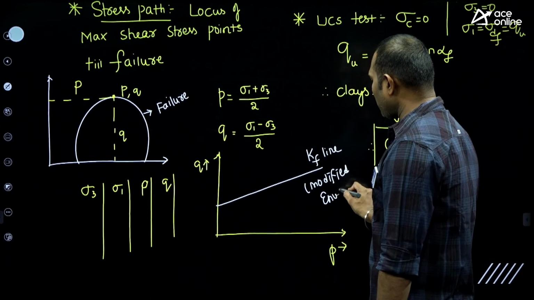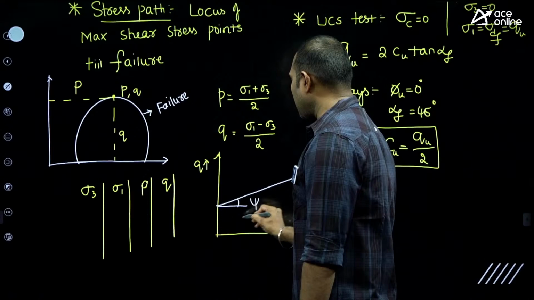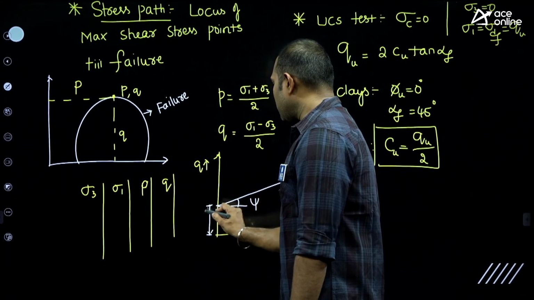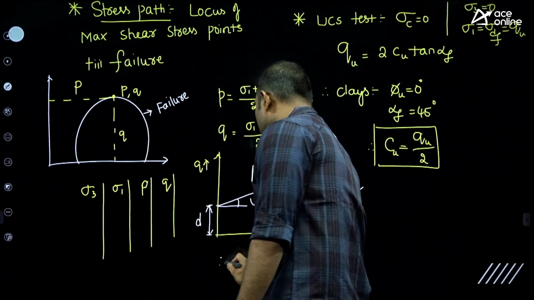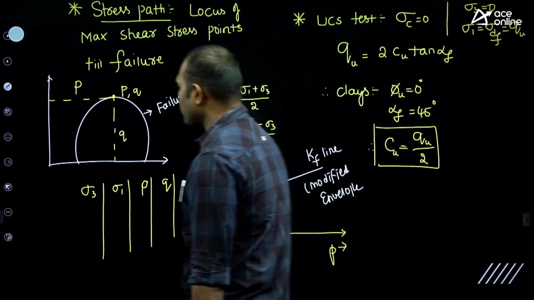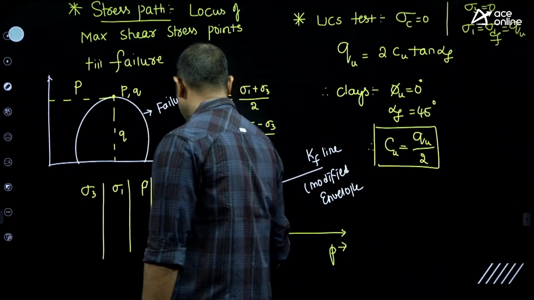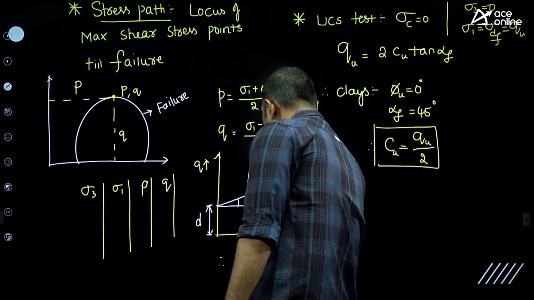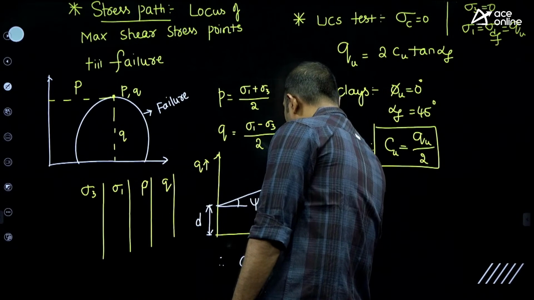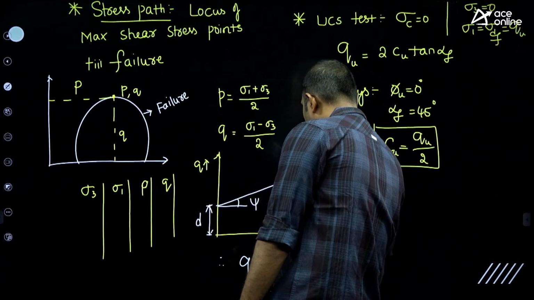Whatever angle is made by this line is psi, and the intercept is d. You can observe that this is the equation of a straight line having some intercept d. So Q equals d plus P tan psi.